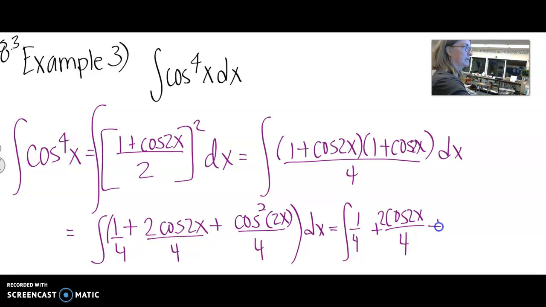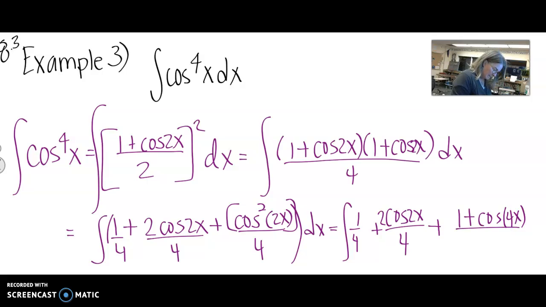And then this piece right here is going to be equivalent to 1 plus, instead of cosine of 2x, because it's already 2x in the argument, it's now going to be doubled and becomes 4x. And over 2, but we have that times 1/4 out here. Dx. Put all of that in parentheses here.